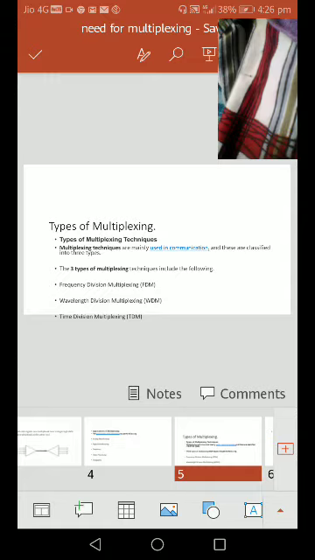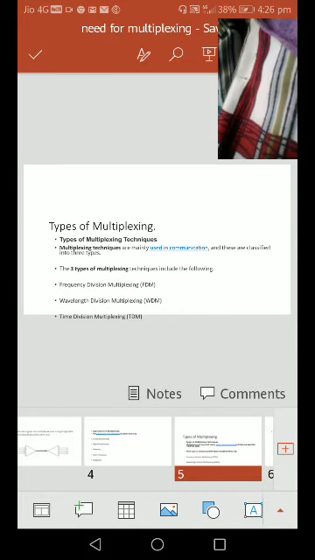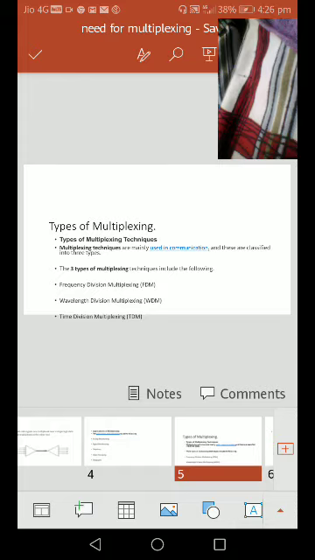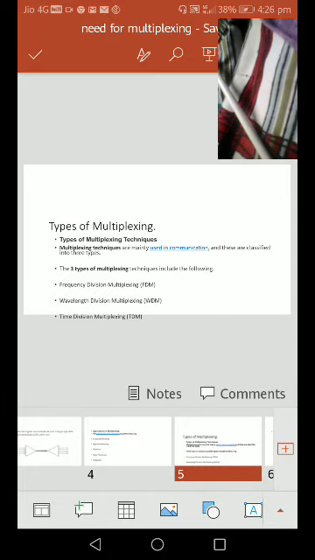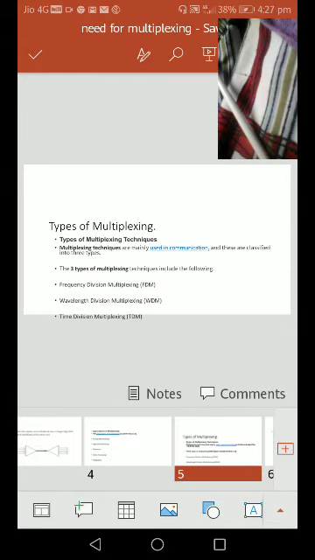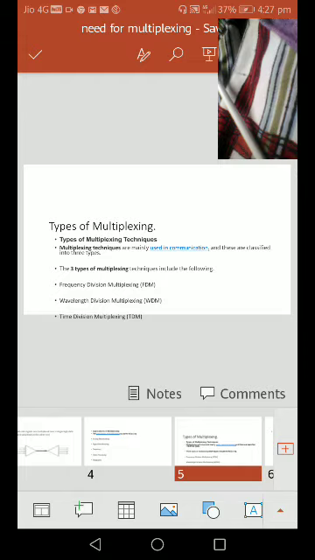Next is wavelength division multiplexing, and also time division multiplexing. These three types of multiplexing are used in digital communications. Multiplexing techniques are mainly used for communication purposes.